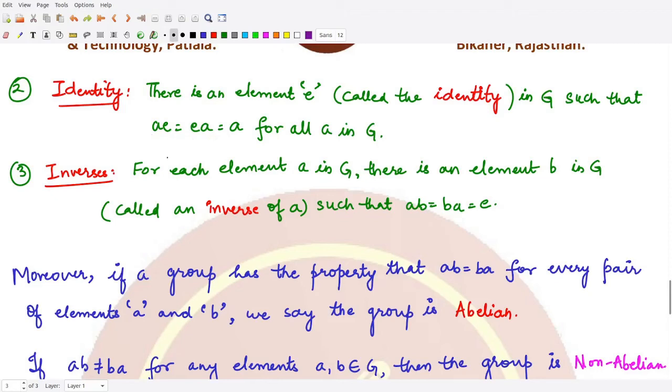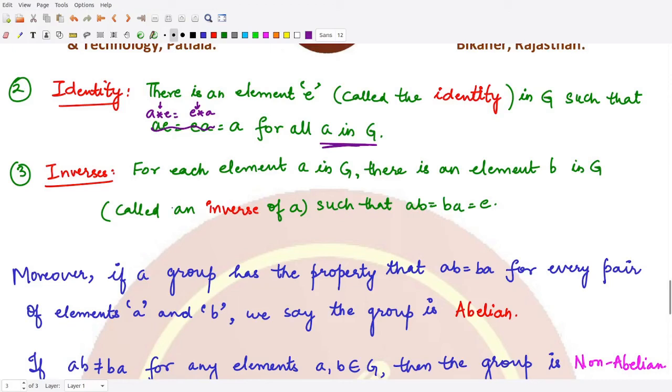So this element E does not do anything to the element A. Since this is a binary operation, we write A star E and E star A, for all A in G. This is the property of identity.